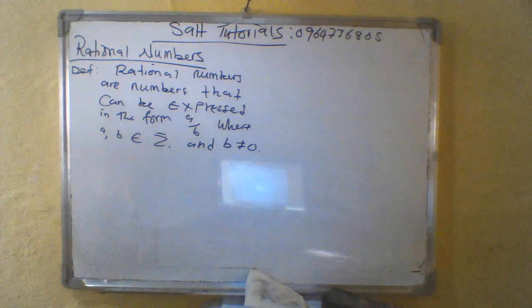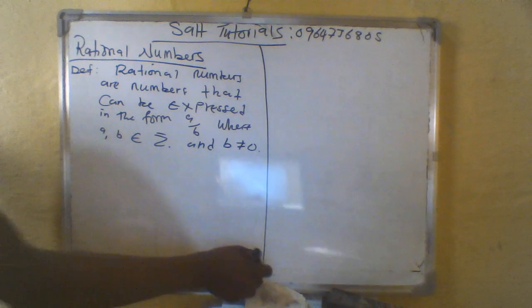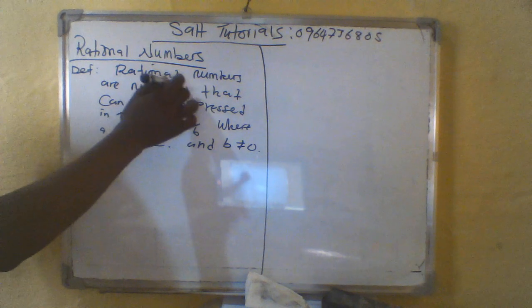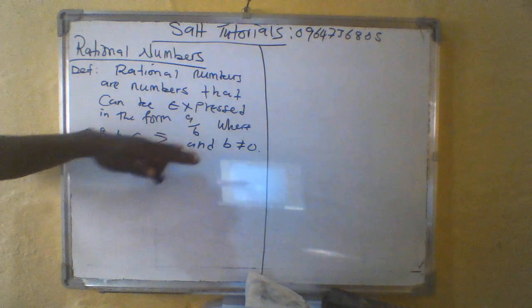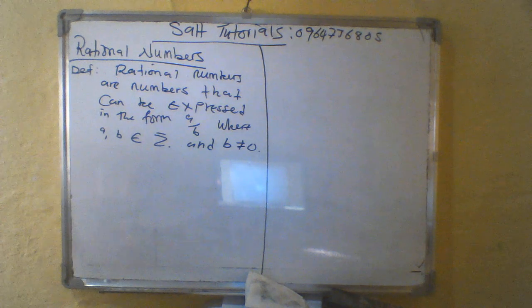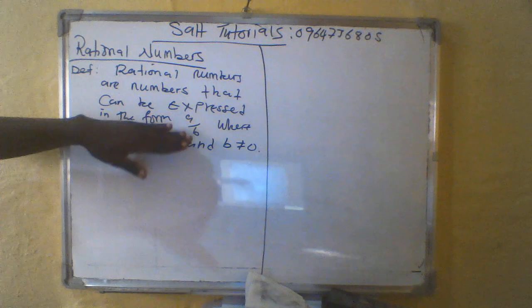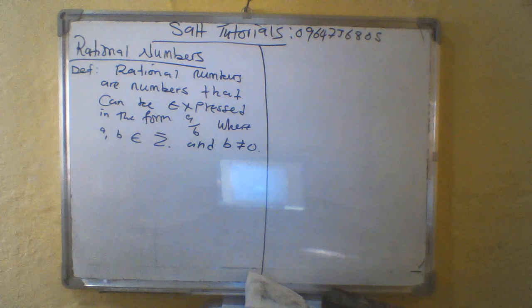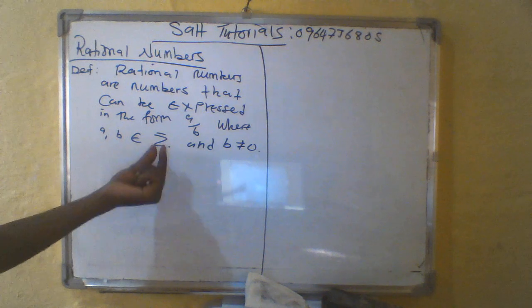So in short, if we're trying to describe rational numbers, any numbers that can be expressed in the form of a over b, in simple language, maybe for a grade 1 to understand, are those numbers which can be expressed as a fraction, a over something. So a and b in this case are coming from the integer set.